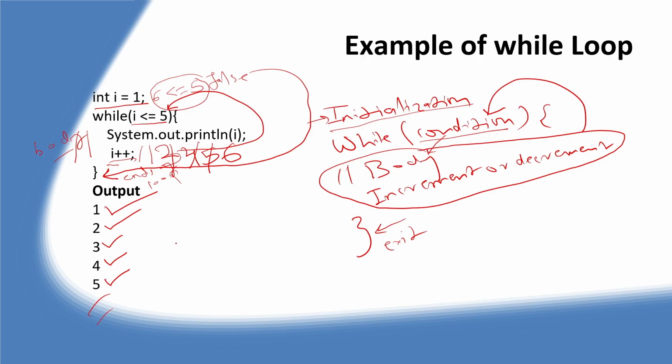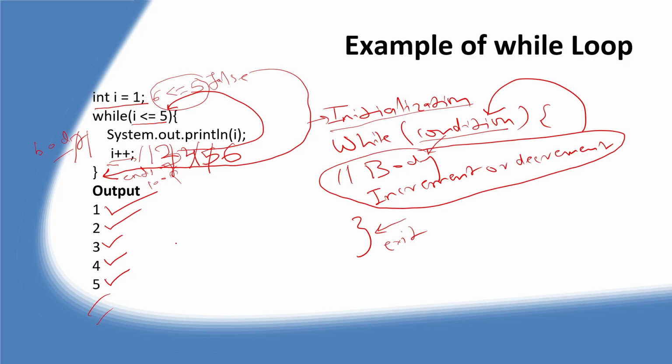Think of when the condition will become false, when I will become 6. Until then, the body of the code will execute. So we can find out the output likewise.